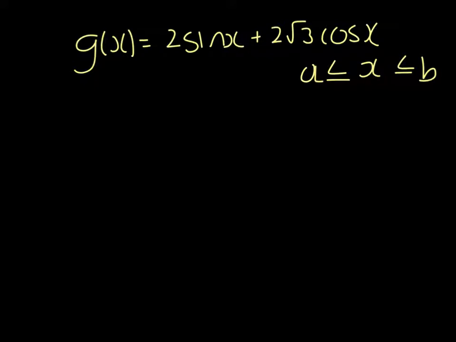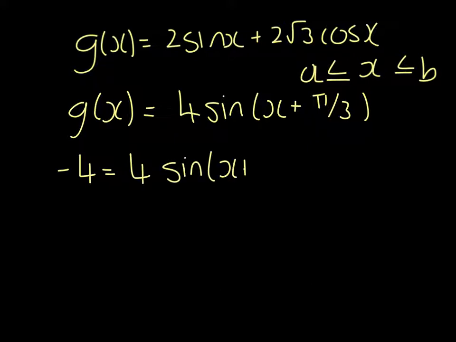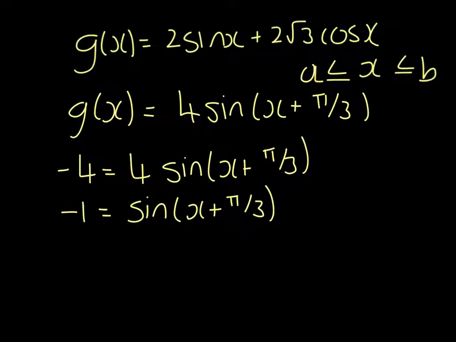We're asked to find two values a and b such that this is a one-to-one function with the same range. So g of x we know equals 4 sine of x plus pi over 3. So what we want to do is find out when minus 4 equals this, so that is when minus 1 equals the sine of x plus pi over 3.